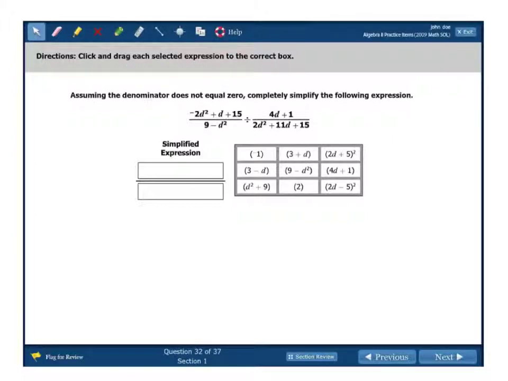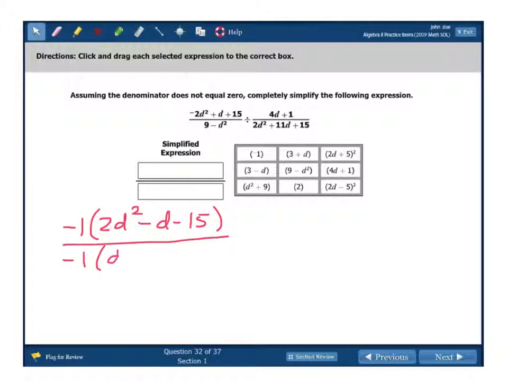So we've got a division expression to do. So first I immediately notice the negative leading coefficient. I'm going to take out a negative 1, leaving me 2d squared minus d minus 15. And again, I see also on the bottom 9 minus d squared. That's a difference of squares. But I should notice that I can take out a negative from there also.